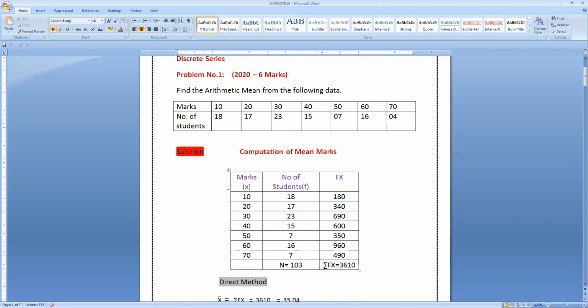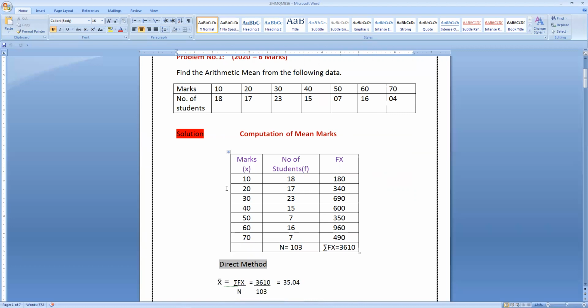In an individual series the formula is sigma x by n, but in a discrete series it is sigma fx, the product of frequency and variable values, divided by the number of items. In discrete and continuous series, the value of n is the total frequency, not the number of items.